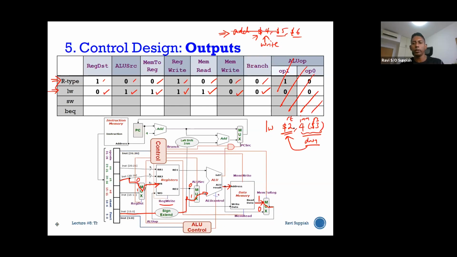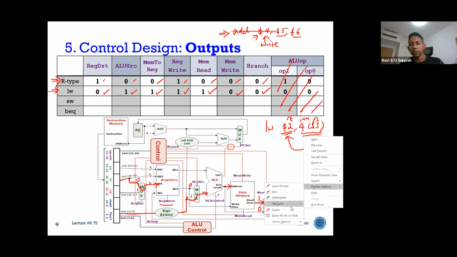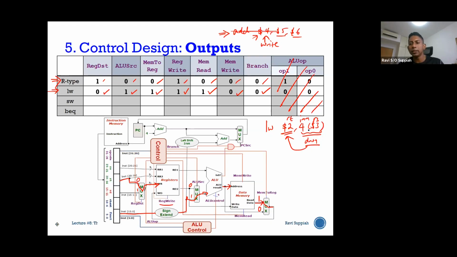For load word, you can see that I'm accessing this data here, and this data is basically the content that is in a memory location. The memory location is calculated based on the data in register 3 and an offset of 4. That addition is done by the ALU and that points to the address.